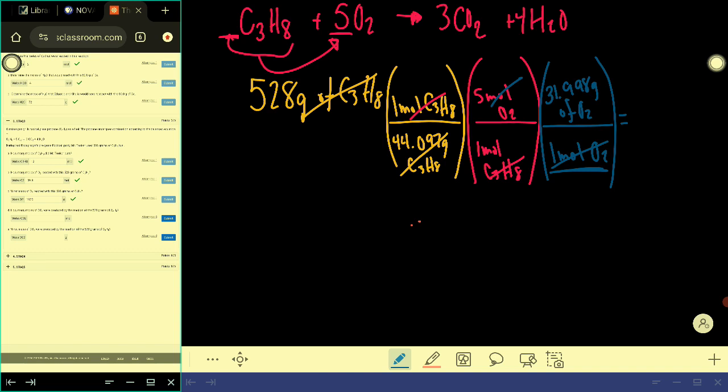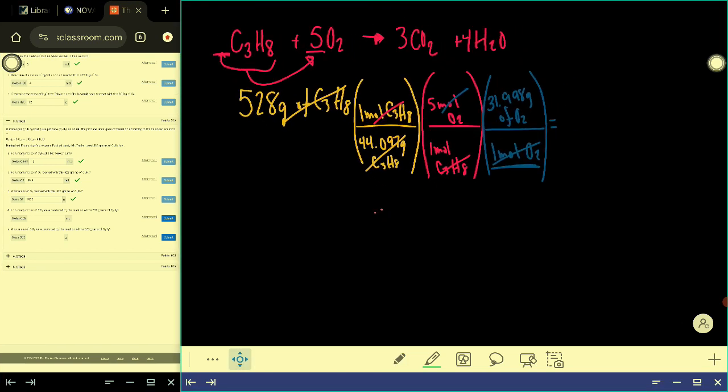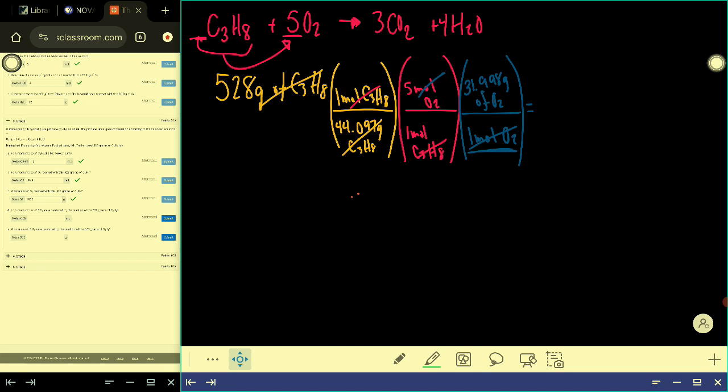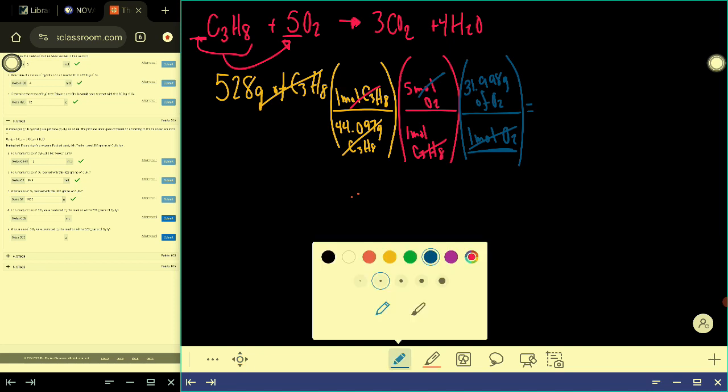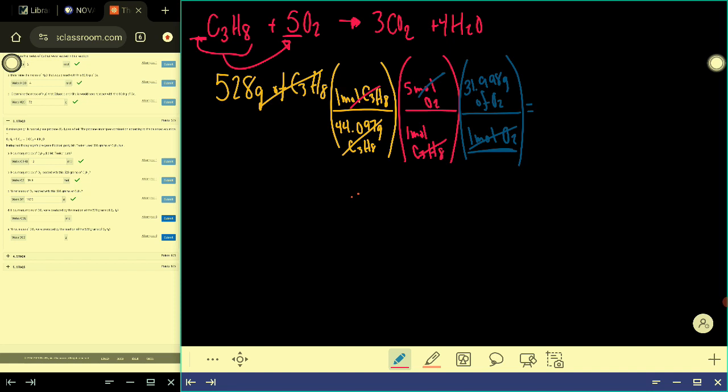All right, how many moles of carbon dioxide were produced? This is a good thing to be able to calculate. How much gas is this actually putting into the environment? How much hazardous, I wouldn't say hazardous, but dangerous to our environment gas here. So we are already in grams of O2.